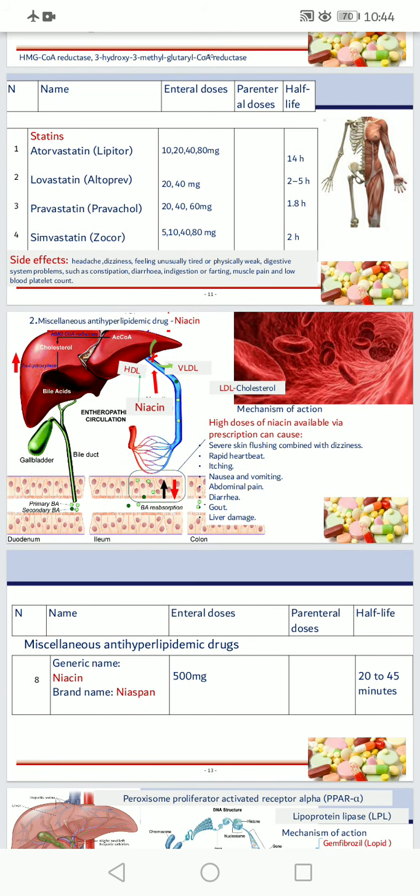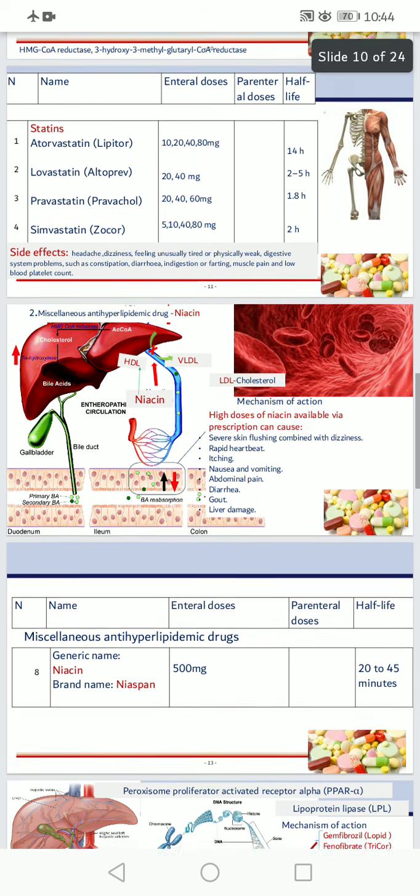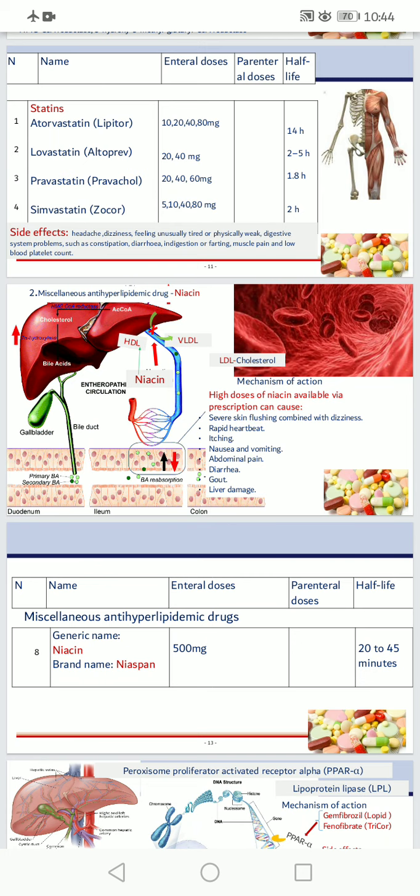And now the second is niacin, a miscellaneous antihyperlipidemic drug. What is niacin? Unlike statins, niacin works in adipose tissue and inhibits hormone sensitive lipase, which is responsible for breakdown of triglycerides into free fatty acids.